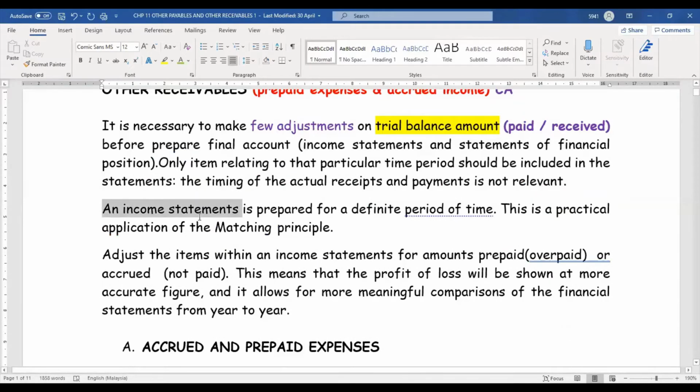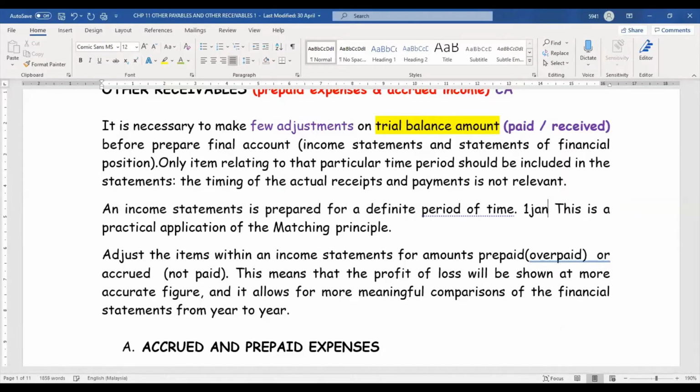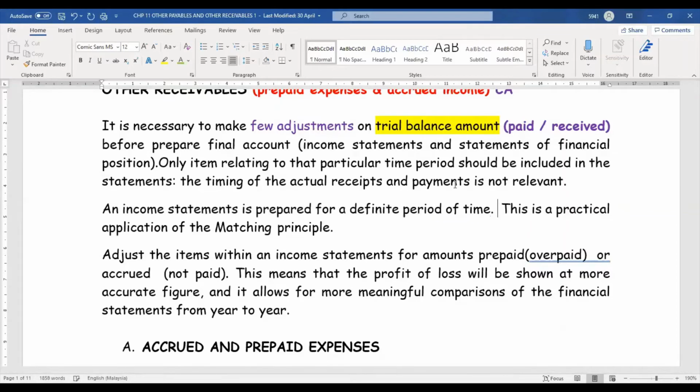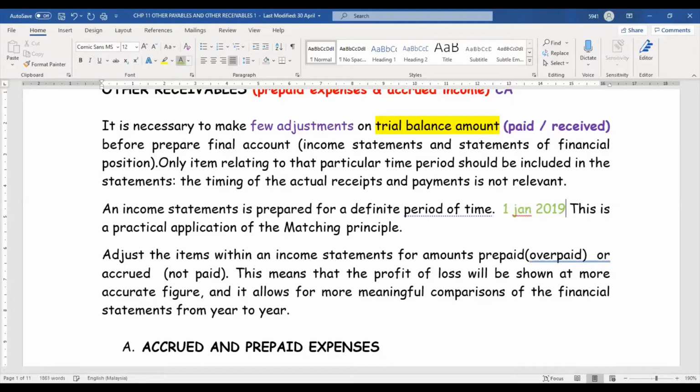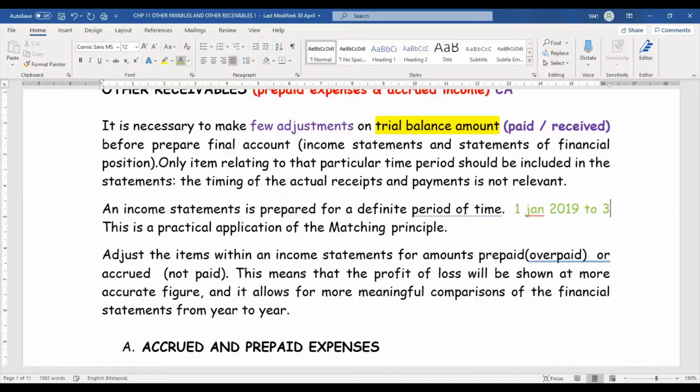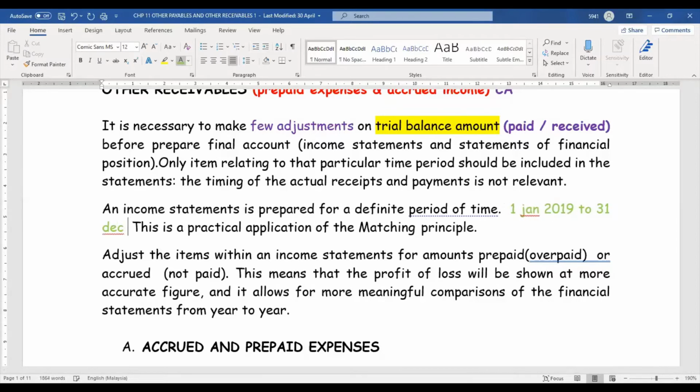So an income statement is prepared in a definite period of time. Example is for 1 year, 1st January 2019 to 31st December 2019. Okay, this is 1 year.